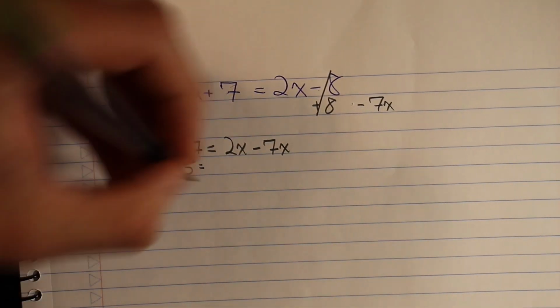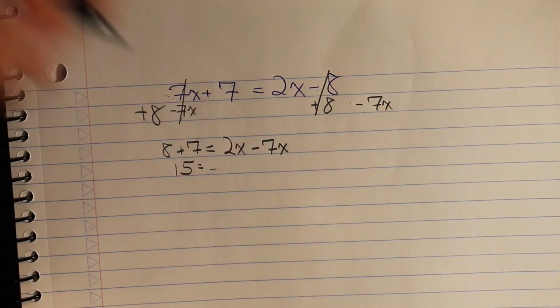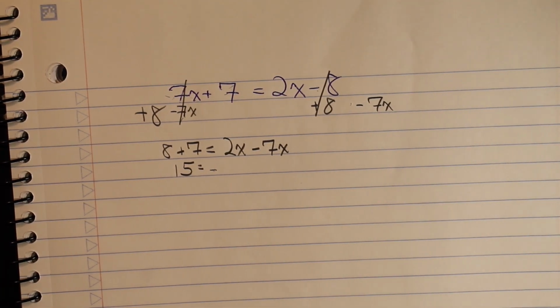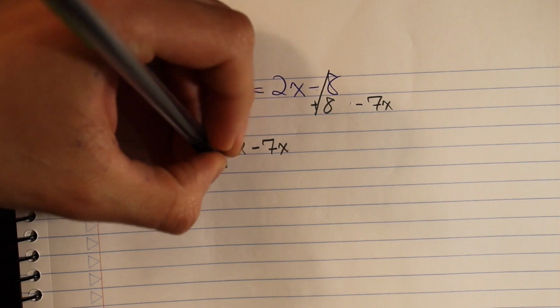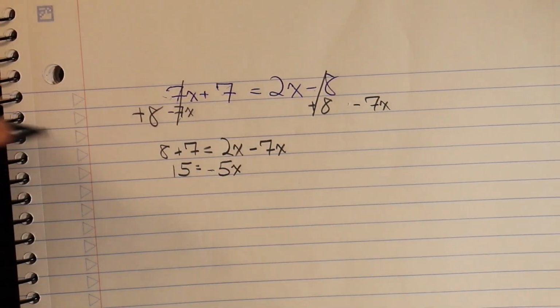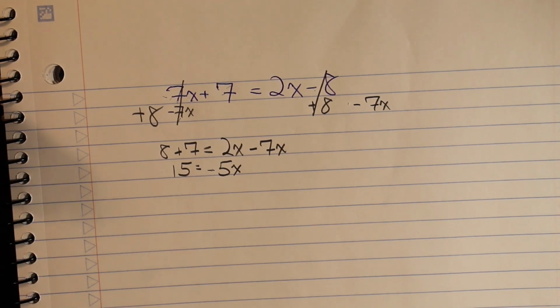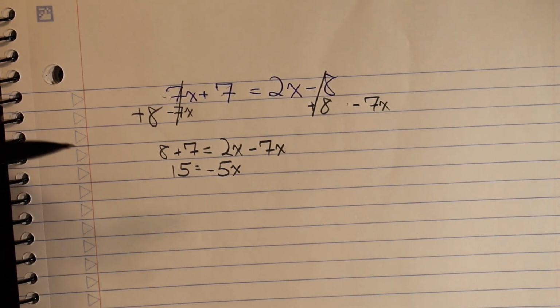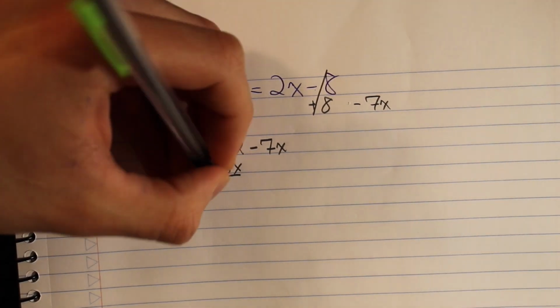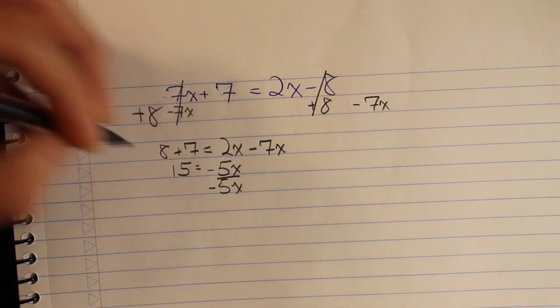So now here, if we all understand coefficients and integers, we would know that this is actually negative 5x. This is not positive 5x or anything like that, or negative 9. It's just negative 5x. And so now we divide that coefficient by itself.